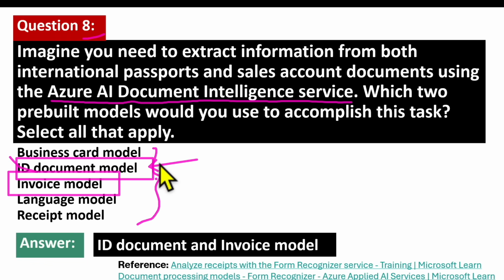Second, we looked at the invoice model, specifically for the sales account documents mentioned here. So what is that model? Invoice model extracts key information from sales invoices and it's suitable for extracting information from sales account documents.